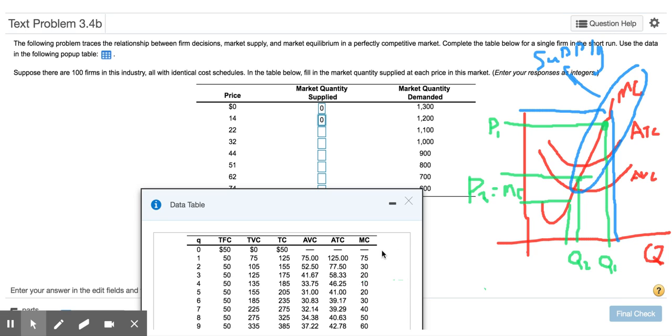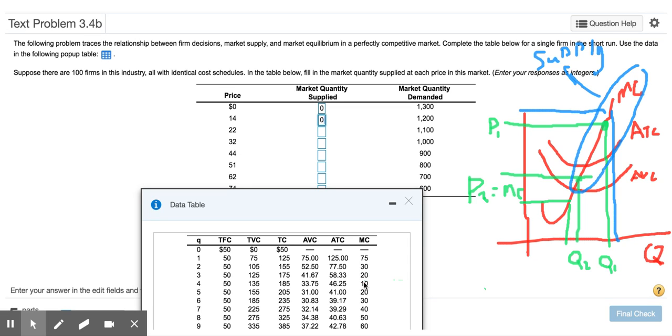Right? So you might argue, okay, but how about when the price is 22? It's slightly above 20. Should this company produce at all? The answer is no. Why? Because the price is below average variable cost. Remember, we should produce zero below average variable cost.